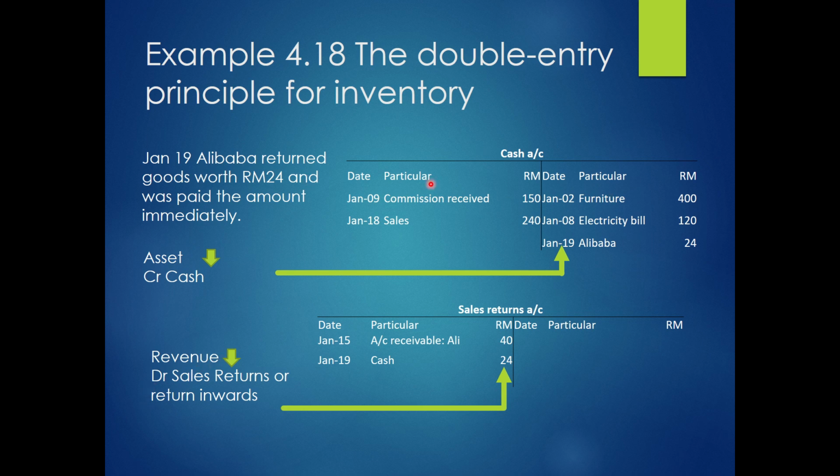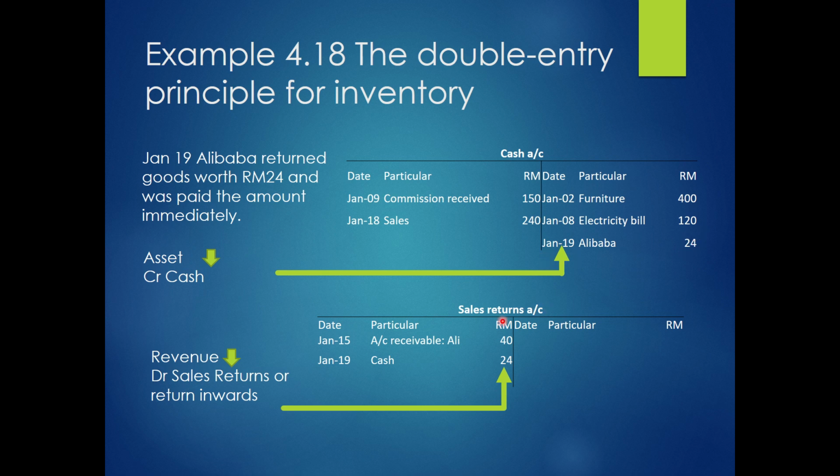There are two accounts for this transaction, yeah. Number one is cash account and number two is sales account. In cash account, the entry was made in the credit side, because the amount of cash is decreased. Okay, decreased by 24 ringgit on 19 January.